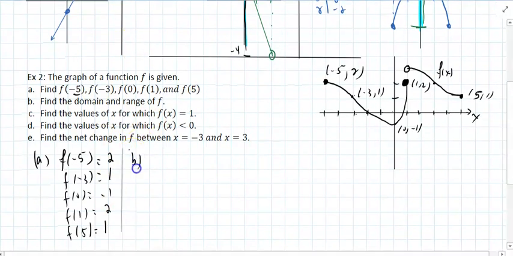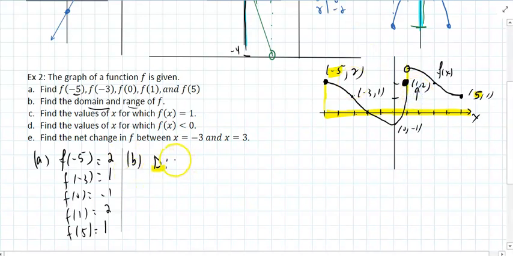Part B. It says find the domain and range. Domain, allowable x values, basically left to right. Well, as far left, we start from -5, running all the way to x equals 5, and this is included. The 1 is included right there. So we could say from -5 to 5.